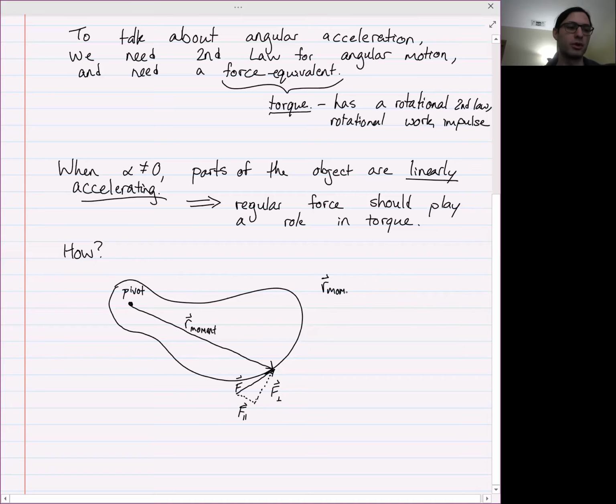So r moment, sometimes r mom, this is the displacement vector from the pivot point, or from the axis of rotation, those two are almost interchangeable, to the location where the force is applied.